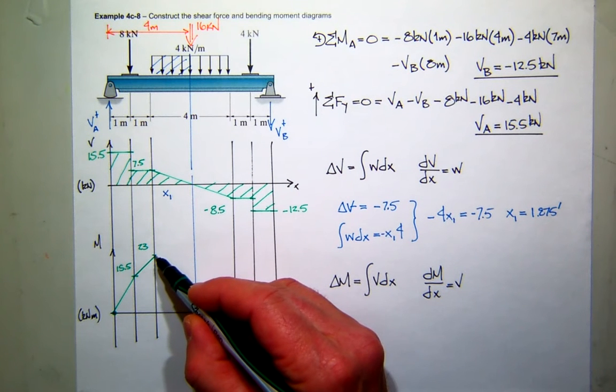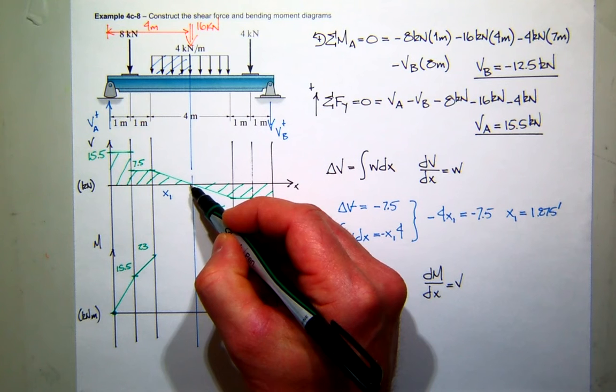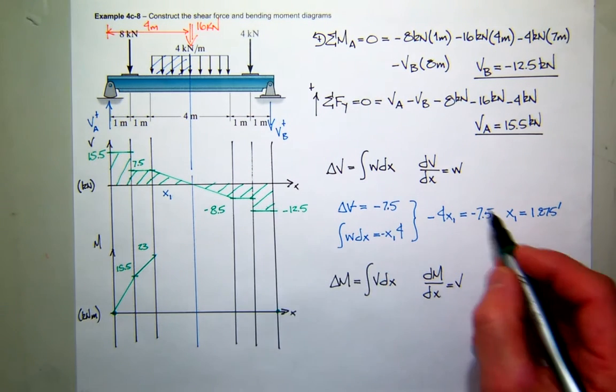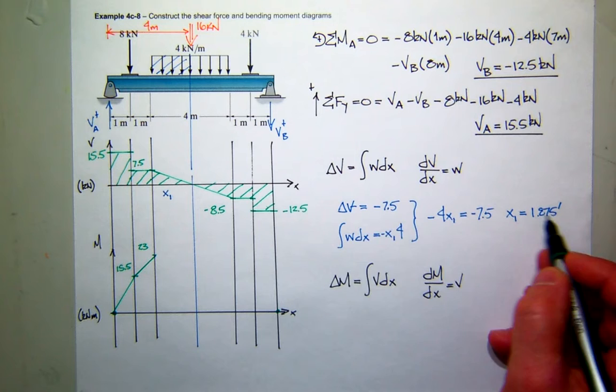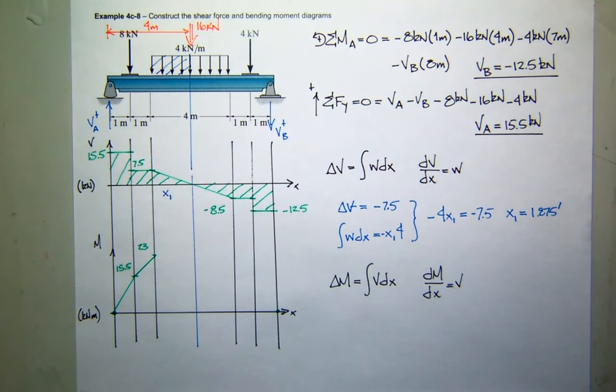Now the change in moment from 23 to here is given by the area under this part of the curve, which is going to be 1/2 the base, 1.875, times the height, 7.5. I'm going to need a calculator for that one.